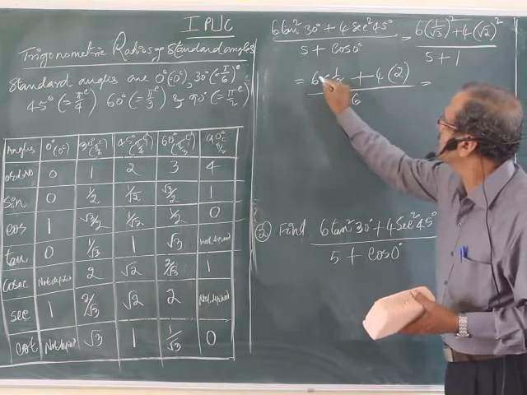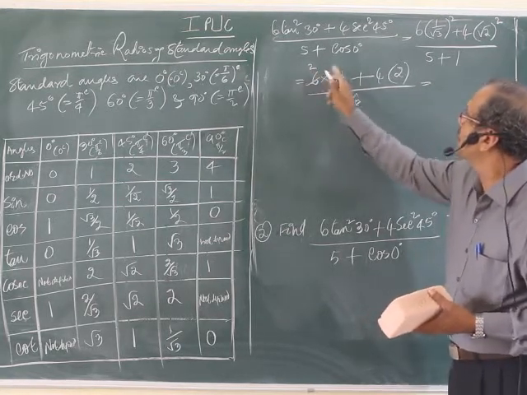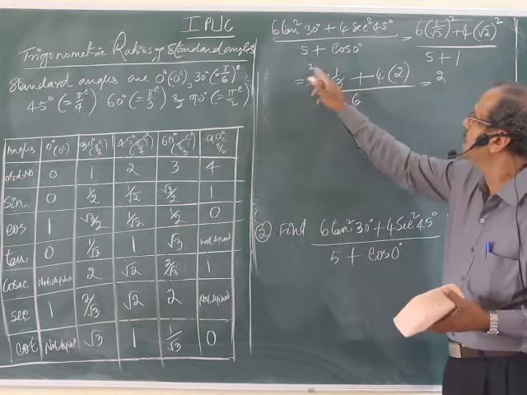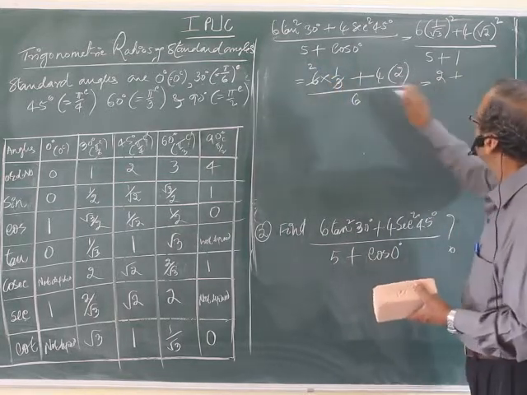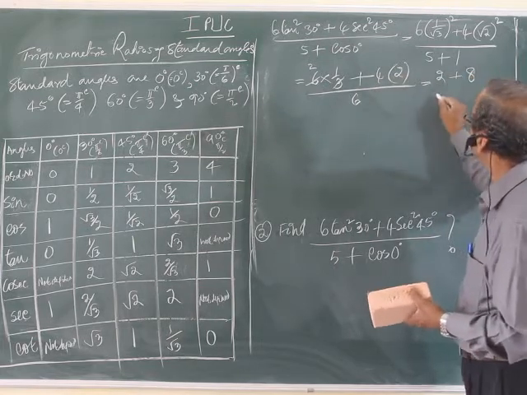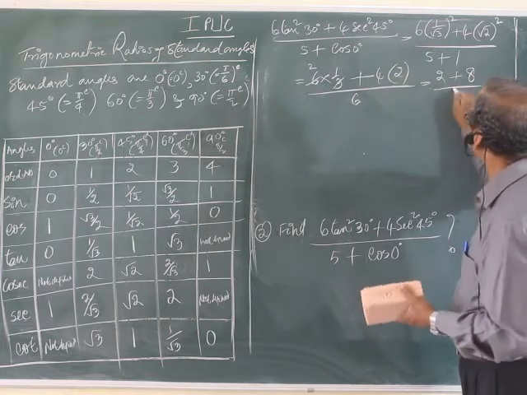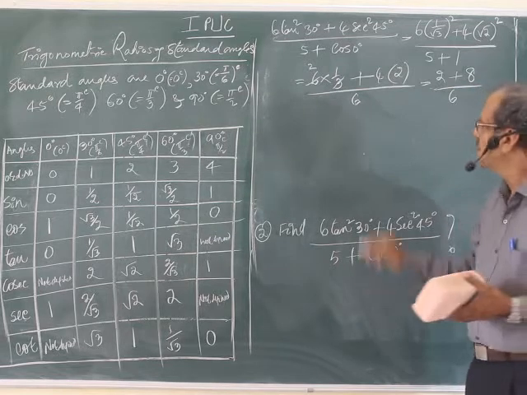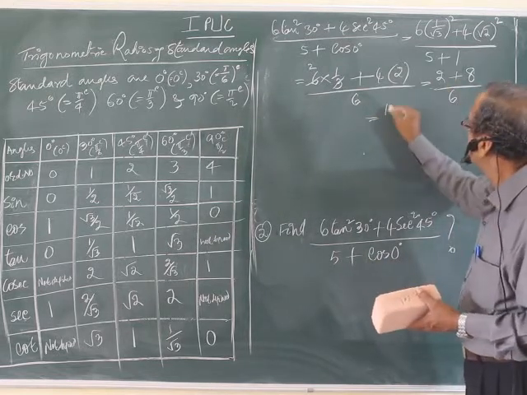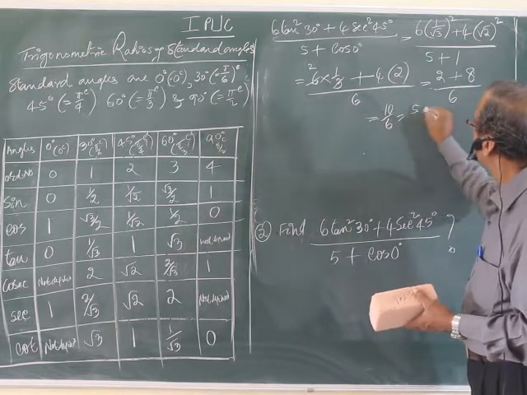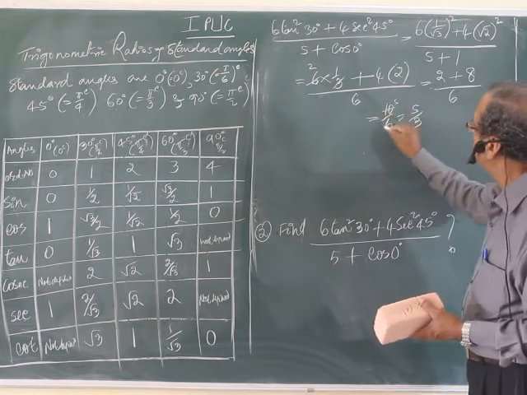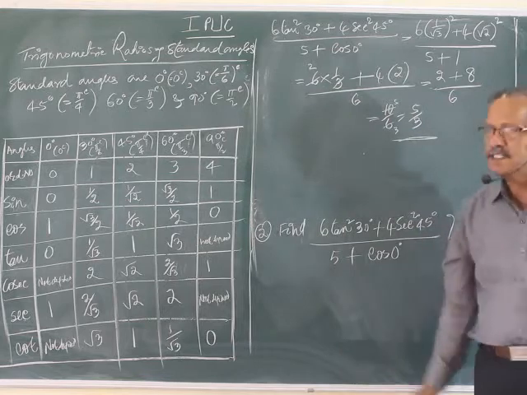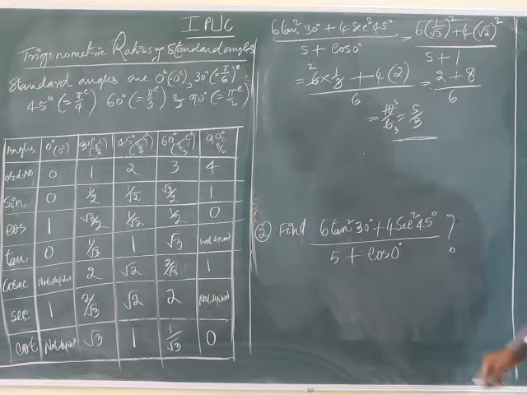Careful, 3 ones are 3, 2 is, 2 into 1, 2, don't write 3, not adding, 2 into 1. Plus 4 into 2, 8, divided by 6. Final answer is 10 by 6 or 5 by 3. Divide both numerator and denominator by 2. 5 by 3. Final answer is 5 by 3. Like this.